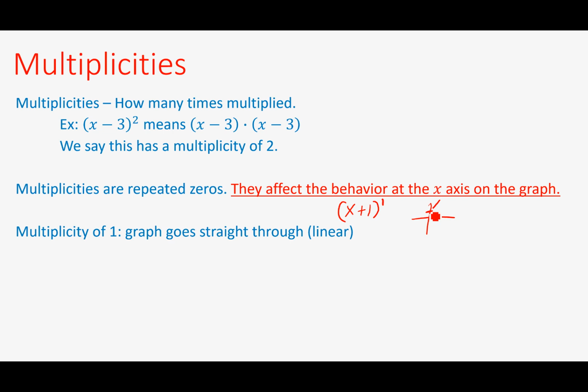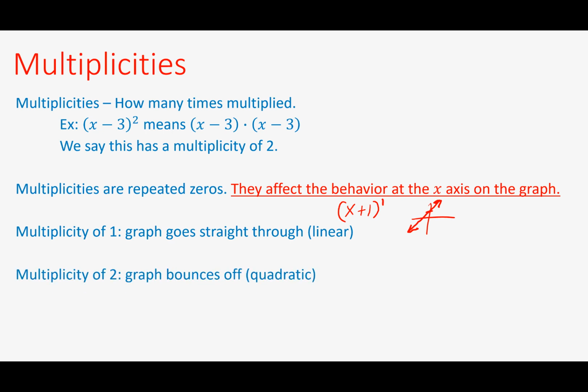And then it's just going to go straight through my x-axis. All right, there's no curving or anything going on. It's simply going to go straight through because I know x plus 1 has a 0 of -1. That's where it's crossing the x-axis there at -1. So specifically at -1, it's just slicing right through my x-axis. There's nothing crazy going on. It's just going straight through. So when we say a multiplicity of 1, it's just going straight through.